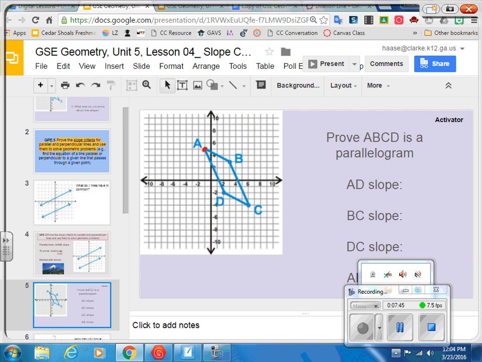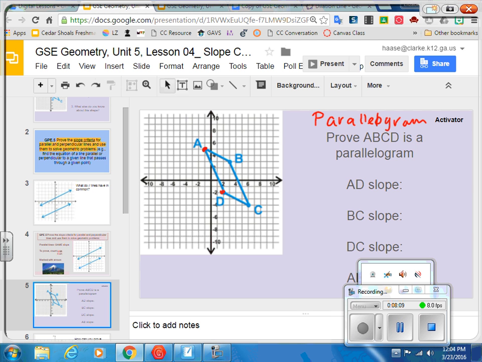It is a parallelogram, right? So what shape is this? We already know it's a parallelogram. I have a hard time spelling it. All right. Now, let's find the slope of AD.